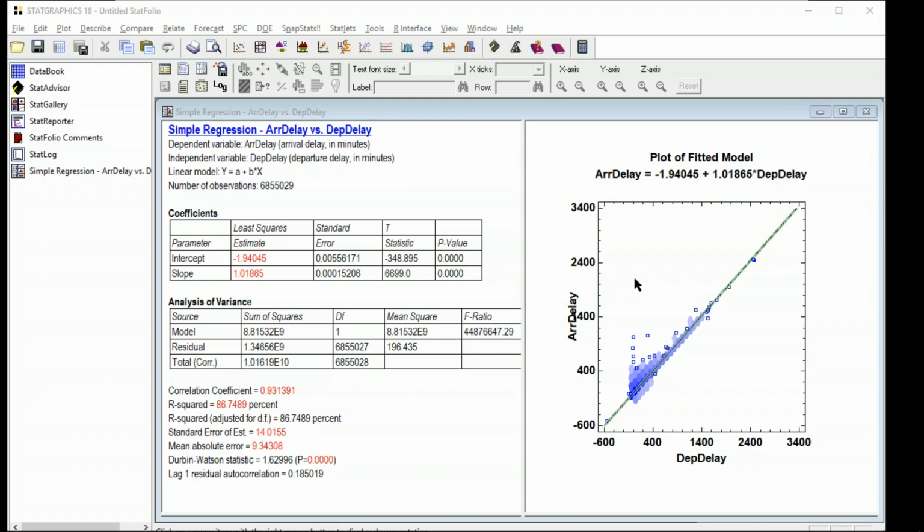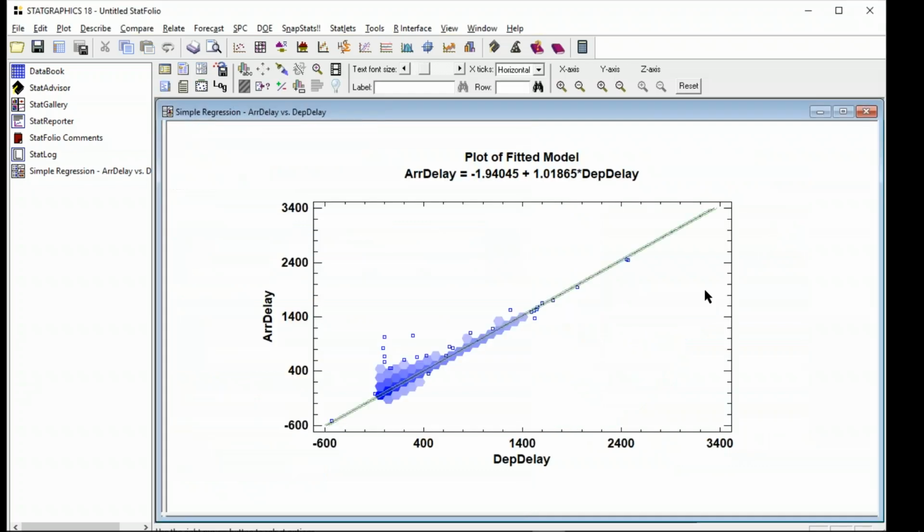In terms of illustrating the fitted model, though, Statgraphics, whenever it encounters large data, typically more than 100,000 rows, will automatically switch from a scatter plot to a hexagon plot. And plot number 10 of my top 10 for 2018 will be this hexagon plot.